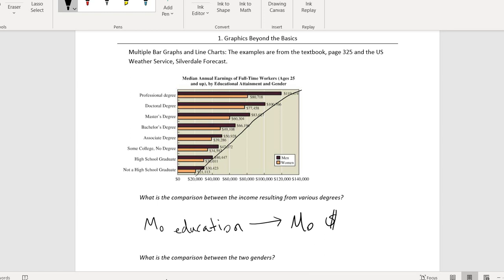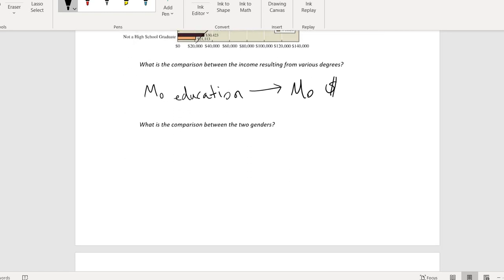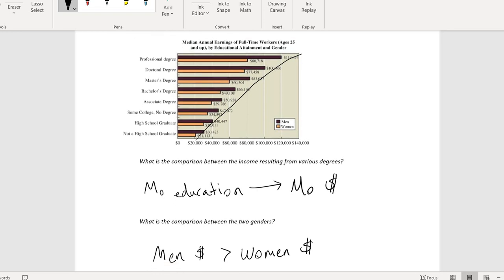Now when we look at the comparison between the two genders, what we can see very quickly is that in every category, men are going to be earning more money. So we were able to deduce all that information super quick just by looking at the stacked graph, and we didn't have to look at multiple ones, so the stacked bar chart.